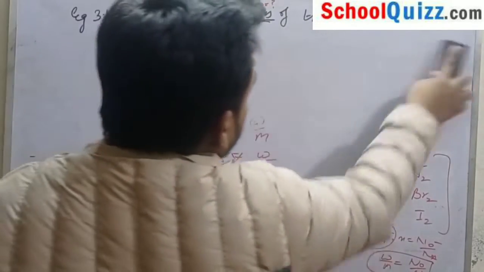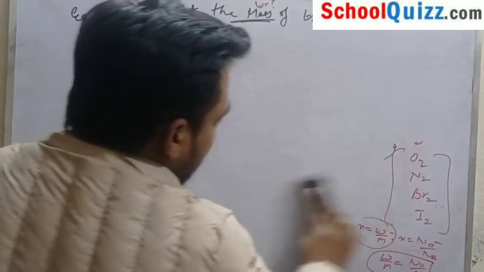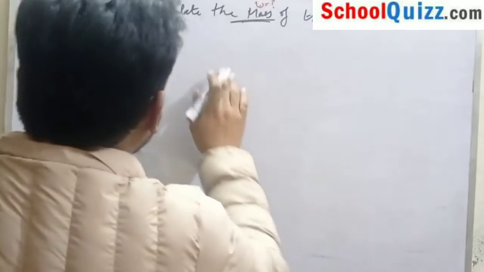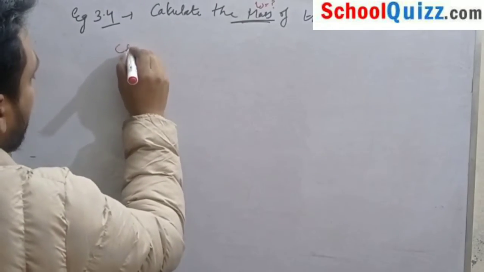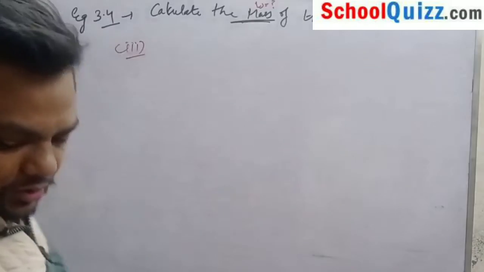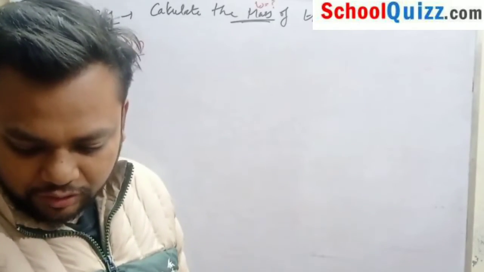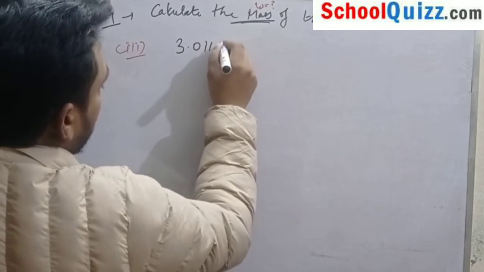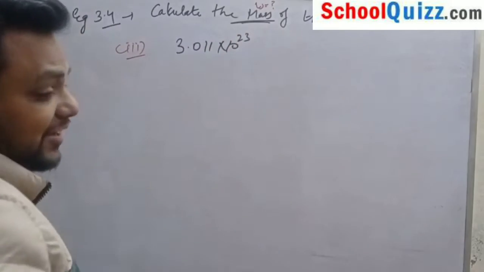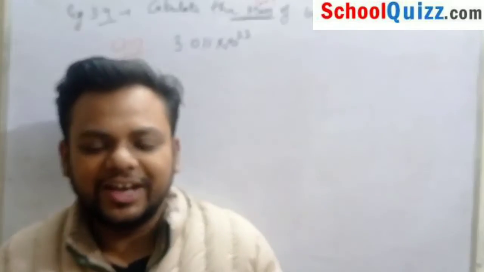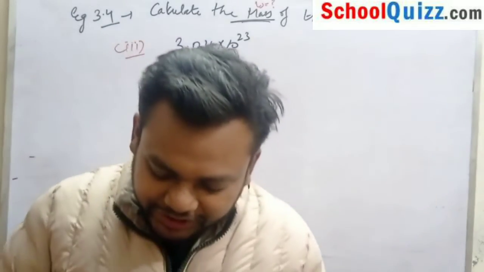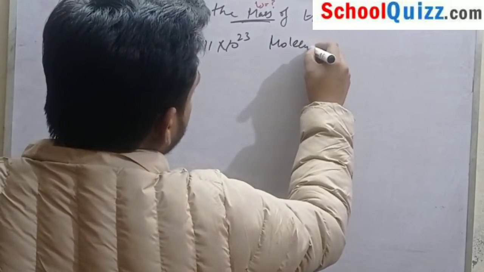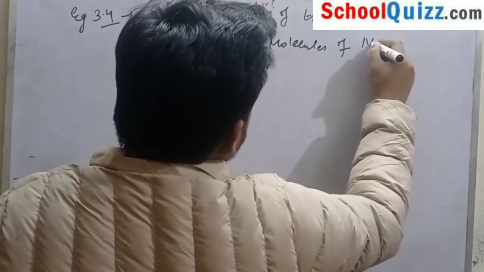The third part is 3.011 into 10 raised to power 23 molecules of nitrogen atoms.